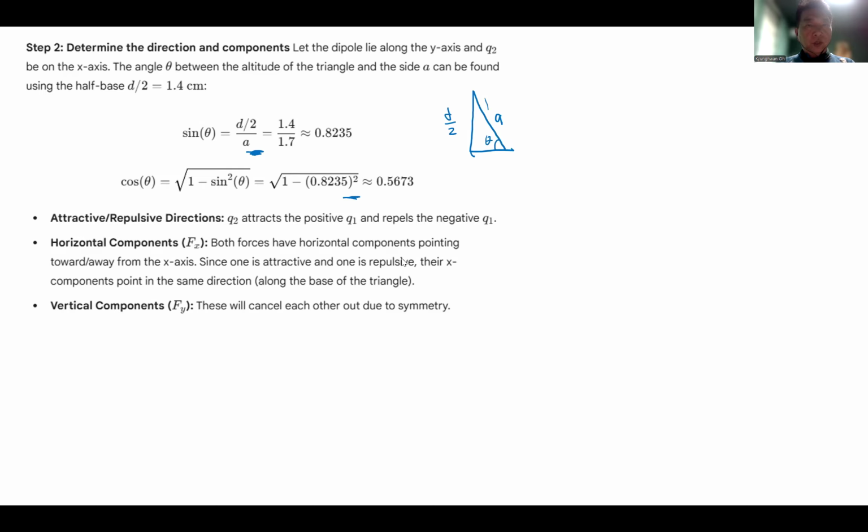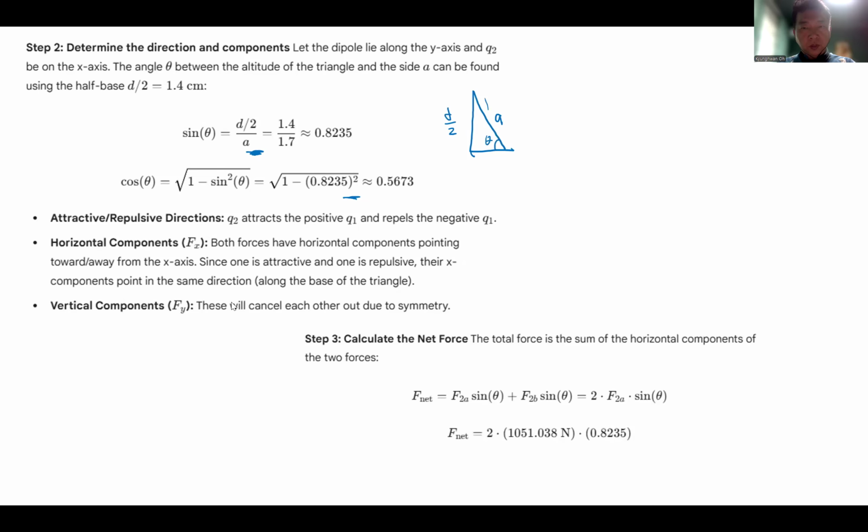And then you note that Q2 attracts the positive Q1 and repels the negative Q1. Depending on the sign, you have both attractive and repulsive forces. The horizontal component and the vertical component should be calculated separately and then added together. So the net force is given by this one.